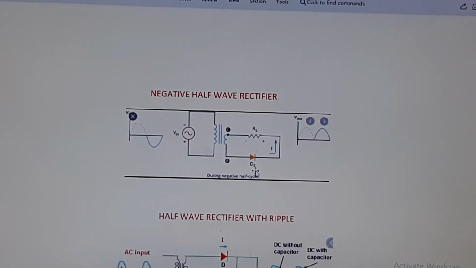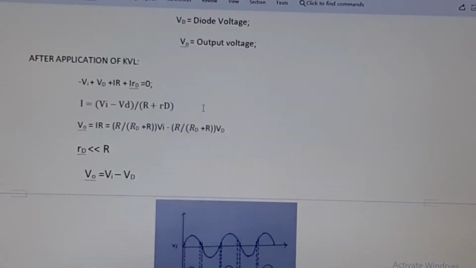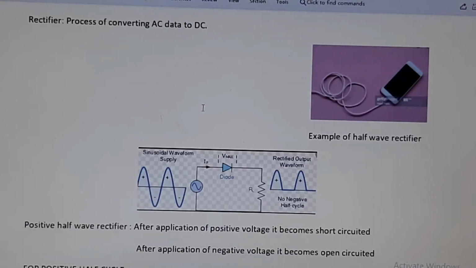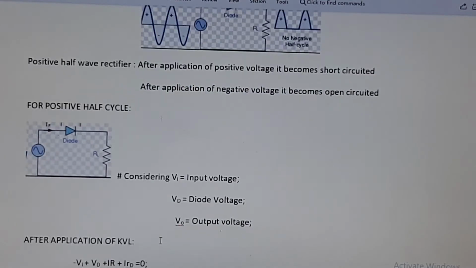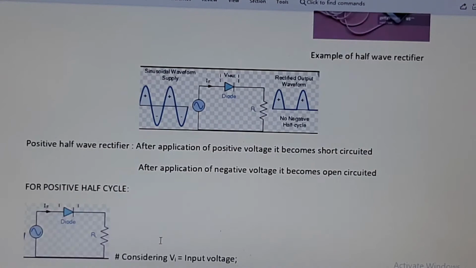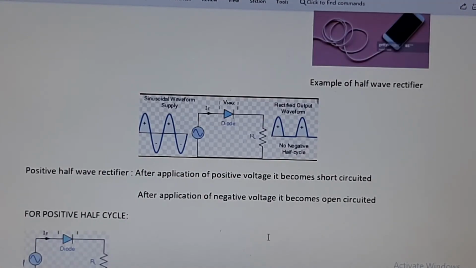Next we move to the negative half wave rectifier. That is a simple thing. If we apply a positive voltage, the current will pass through the diode and the positive output voltage will be there.